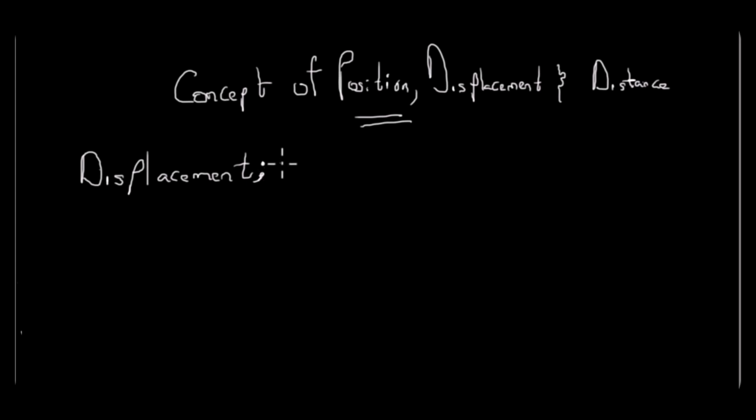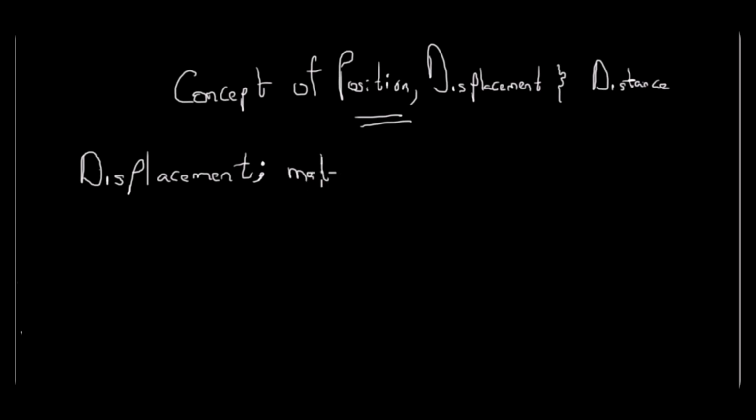Initially, we said position is where an object is located at any point in time, in space rather, or in a plane. So what happens when the object decides to change position? How do we describe that type of motion? Hence the name displacement. Displacement also is measured in meters.